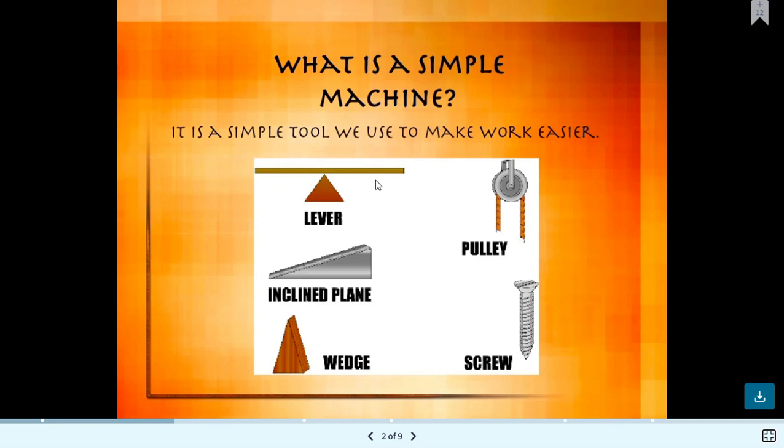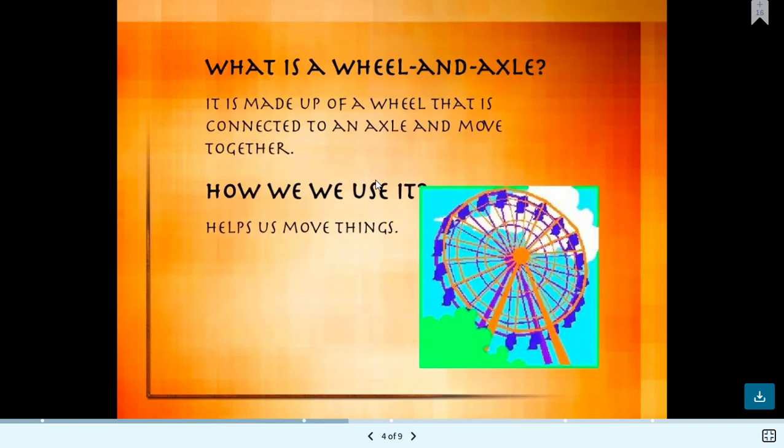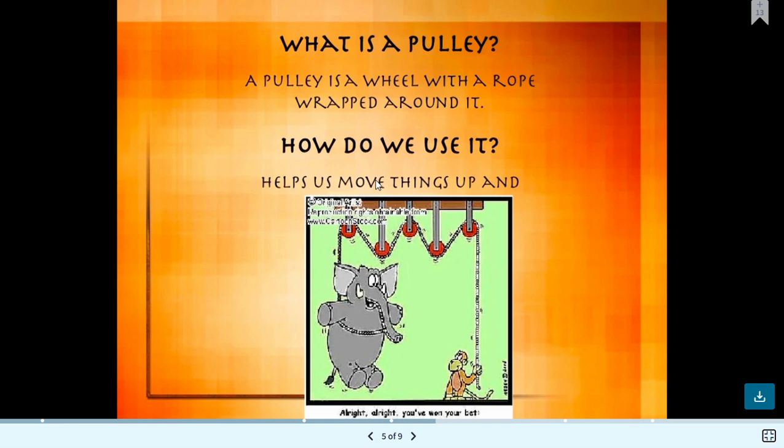Now let's learn about a pulley. A pulley is a wheel with a rope wrapped around it. It helps us move things up and down.